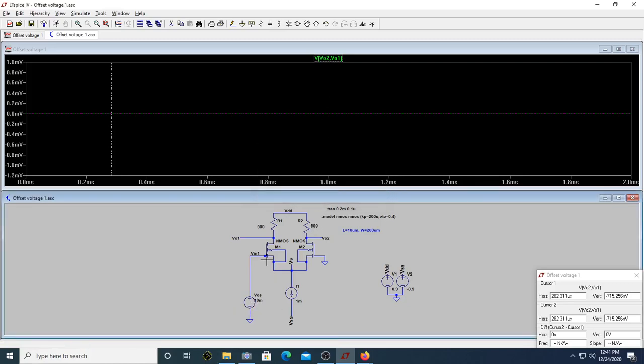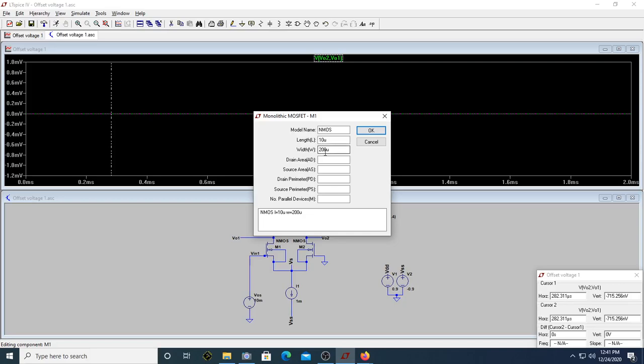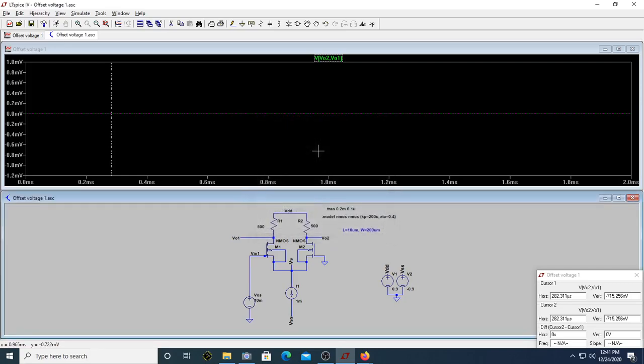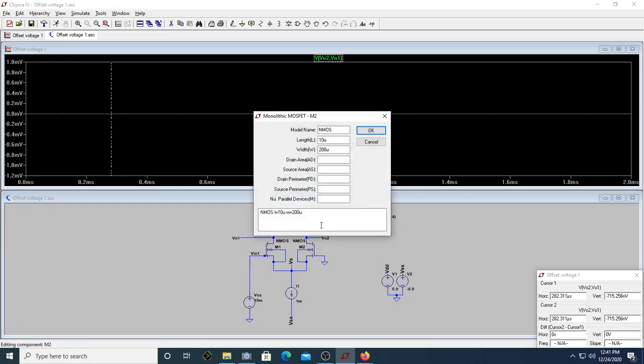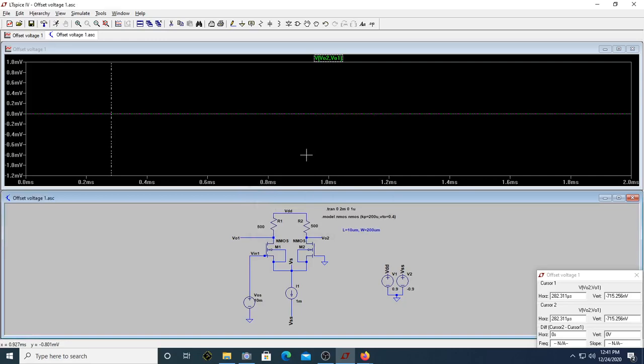Let this be 150u, and then let me make this also 150u. Let us see what perfect matching values we get.